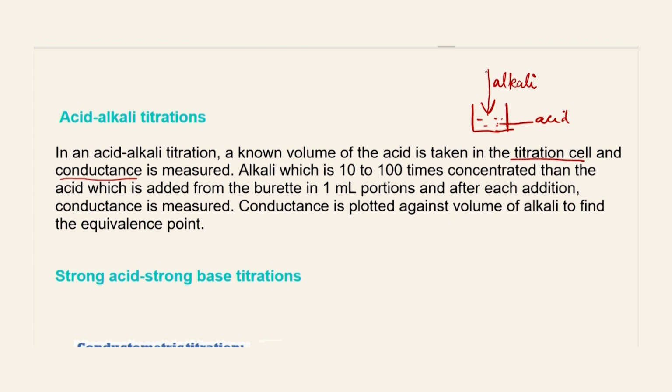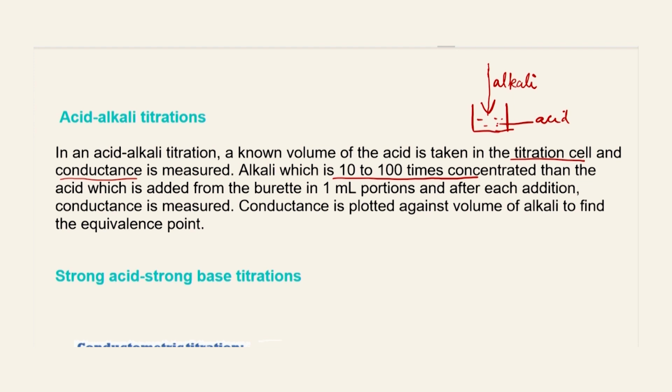Now, unlike in a volumetric analysis, we have to take the alkali or any electrolyte in the burette to be 10 to 100 times stronger than that in the conductance vessel. Now, what is the reason for that? When we add alkali to acid, or any titrant is added, the volume keeps on increasing. When volume increases, what happens?